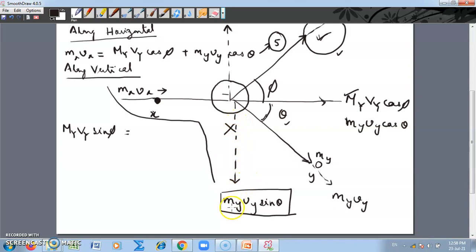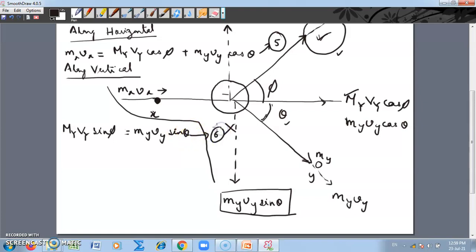It's my vy sine phi, because this is my vy sine theta. This is equation number 6.